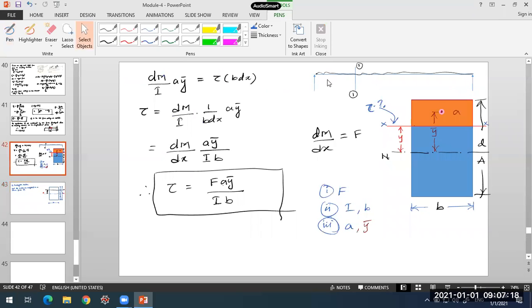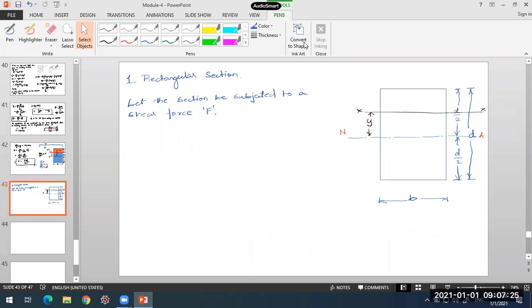So that F may be anywhere. It may be at the support, it may be at the midspan, anywhere. So we can determine this shear force value F. For this purpose, we'll consider this value to be F over here.